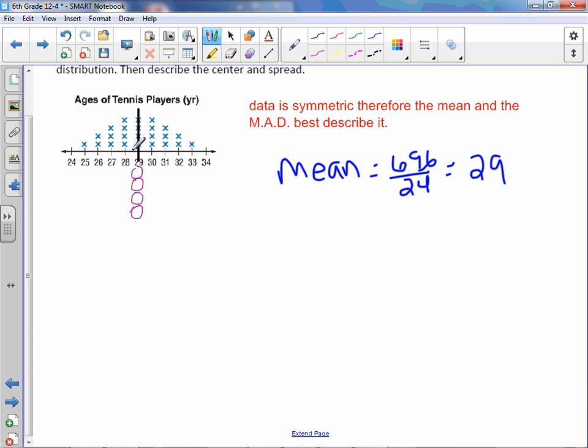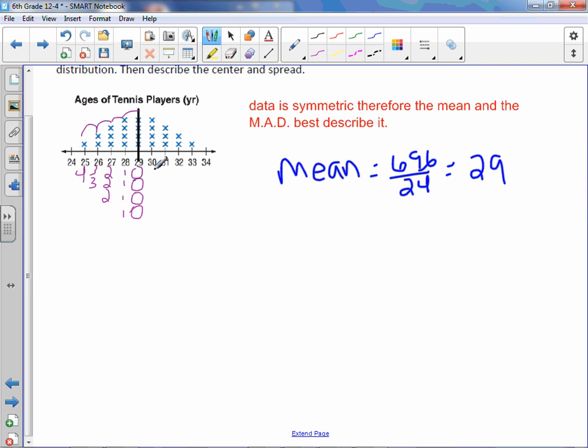Let's go to the left first. 28 is 1 away from the mean, and there are 4 of them. 27 is 2 spots away, and there are 3 of them. 26 is 3 spots away, and there are 2 of them. And 25 is 4 spots away, and there's only 1.